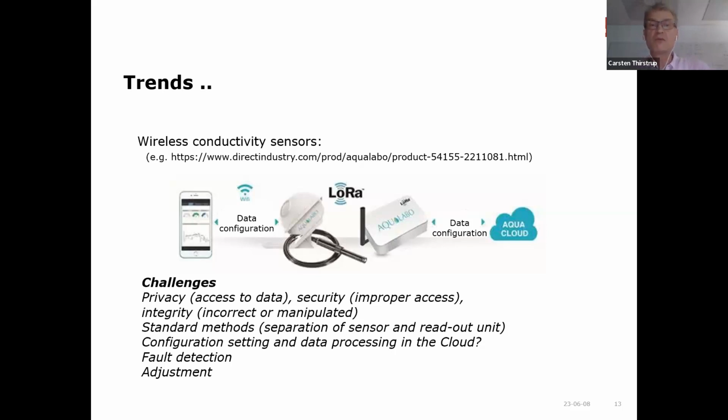This type of measurement is not possible with wireless conductivity sensors because the sensor and the readout unit are integrated in the same unit. So you cannot make this separation, and that can sometimes make it difficult to make fault detection. Is it your sensor that has problems, or is it your readout unit?